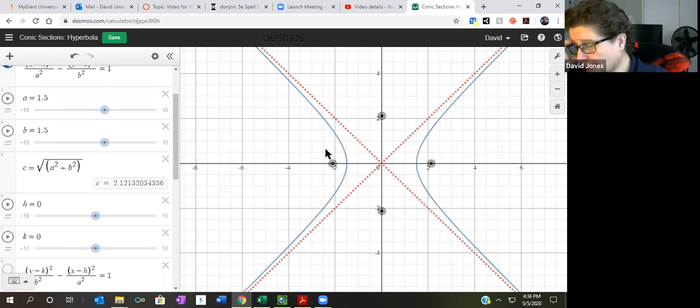A and B are not enough. Which direction they open also changes the shape. Okay.